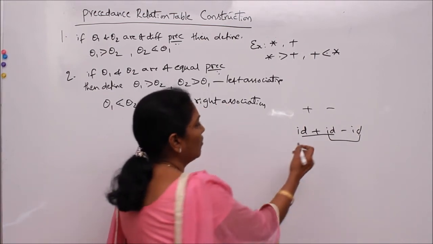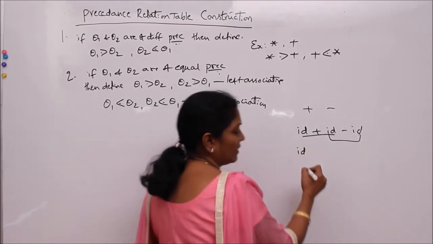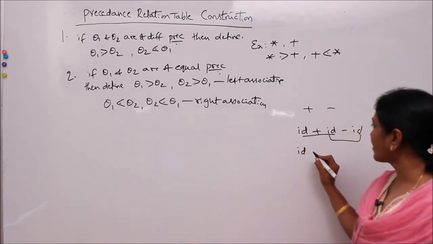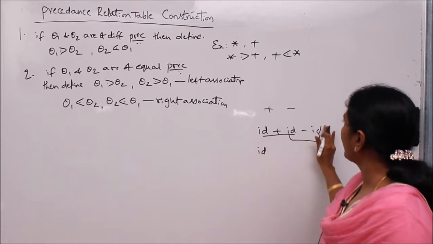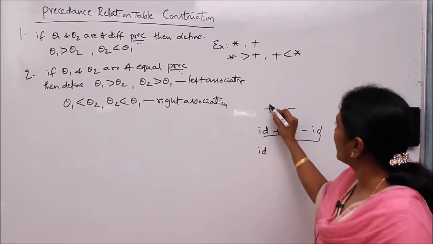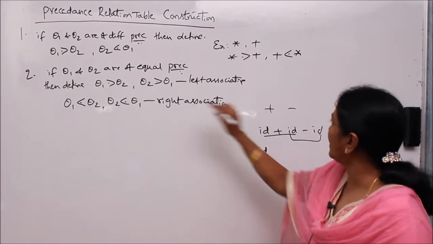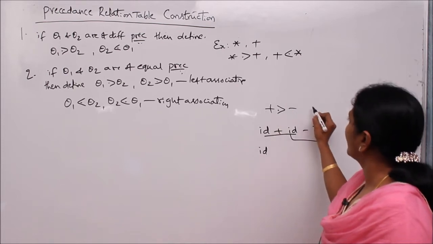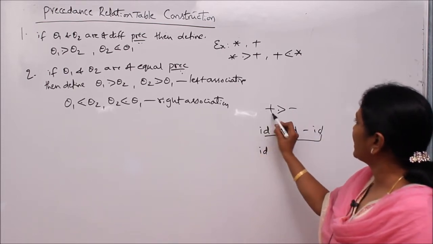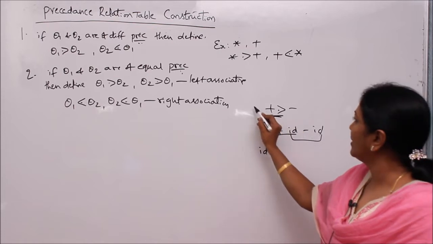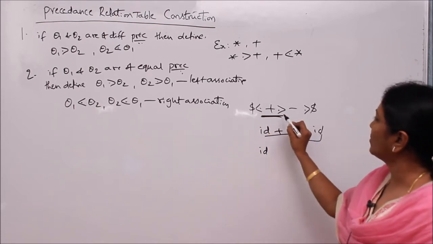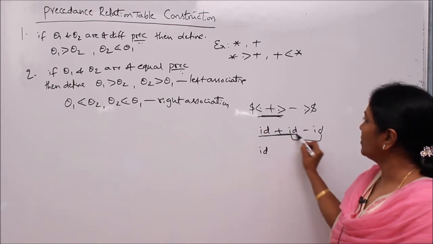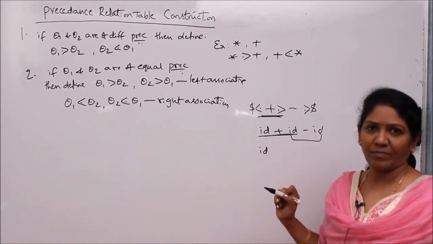So look at this, what is the relation between id and plus here? If these two are plus and minus, both left associative, what did I say? It should be greater. So when it is greater, what happens? Whatever you have here, for example, if this is between dollars, it will be something like this. So first plus is reduced, then minus.